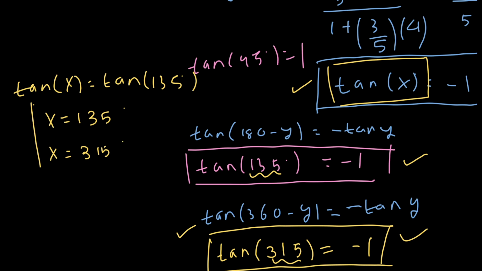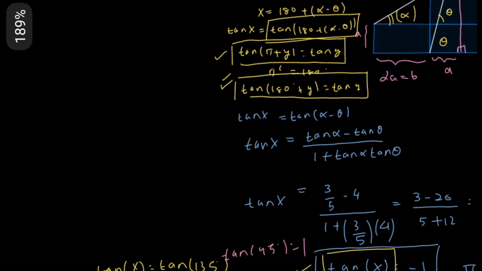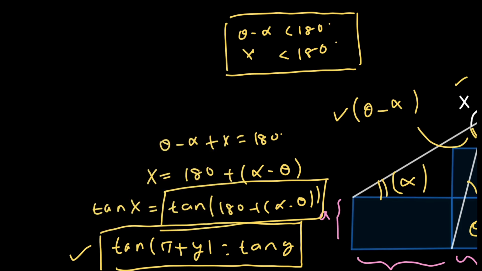Now the question arises: the same angle cannot have two values. Which one should we take? Because this angle has to be specific because of the pattern. So here comes the requirement of this particular data, that the angle x was lying on a straight line. It was some part of a straight line, hence it has to be smaller than 180 degrees. So out of the two values of x, 135 degrees and 315 degrees, we can clearly say that the first value is correct because it is an angle smaller than 180 degrees.